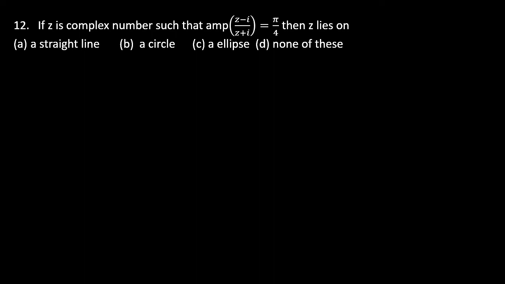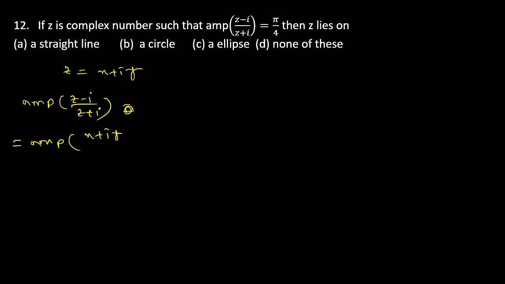Here z is a complex number such that amplitude of z minus i by z plus i is pi by 4. Then z lies on a straight line, circle, ellipse, or none of these. We can take z as x plus iy. Then amplitude of z minus i by z plus i is amplitude of x plus iy minus i by x plus iy plus i.